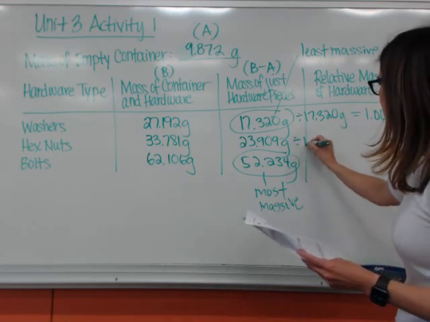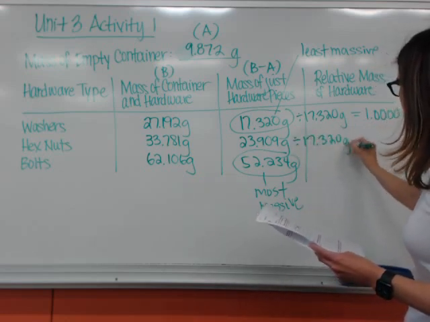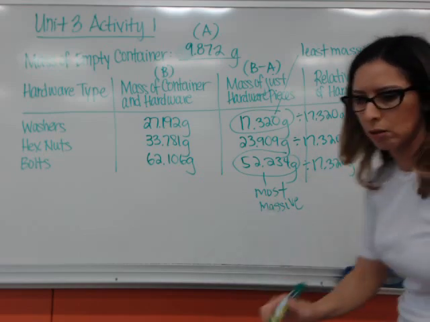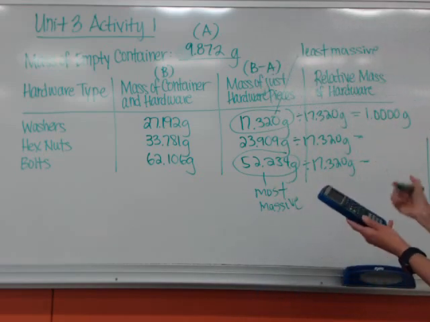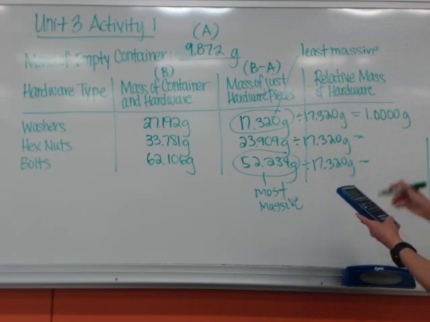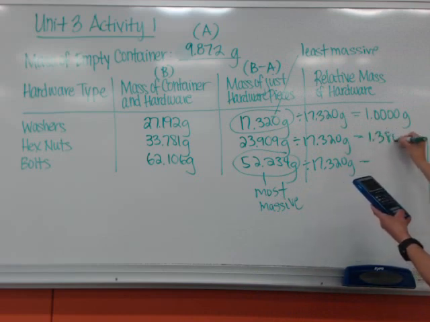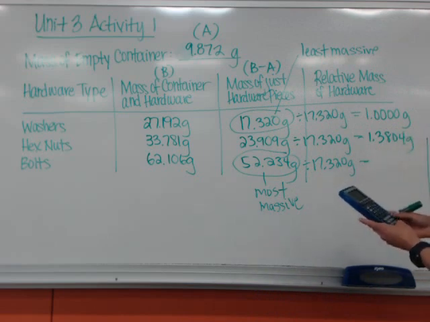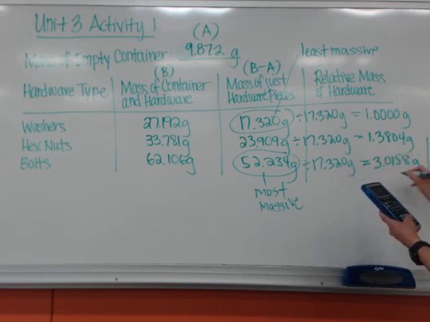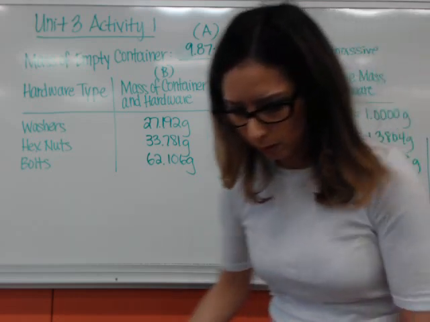If I divide this by 17.320 grams, and then this also, that'll be 1.3804. And then this is 3.0158. Okay?